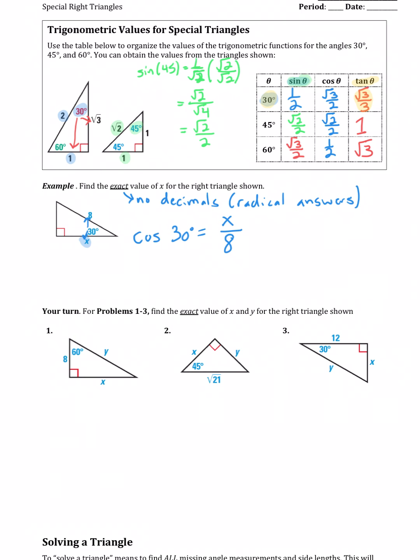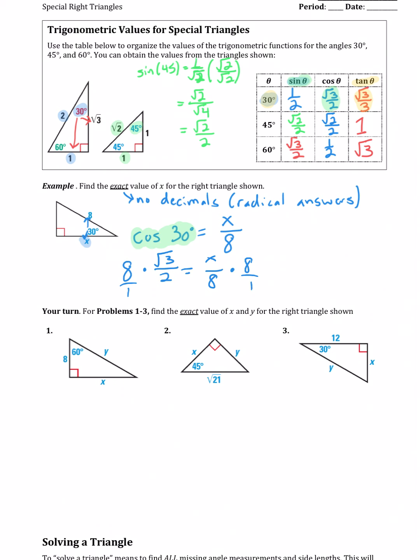And then I have to ask myself, looking up at the table, hey, cosine of 30 degrees, that represents square root of 3 over 2. So I can do a substitution method and say, okay, well, root 3 over 2 equals x over 8. And then to get x by itself, I can multiply both sides by 8, and just think about it as like 8 over 1 even.